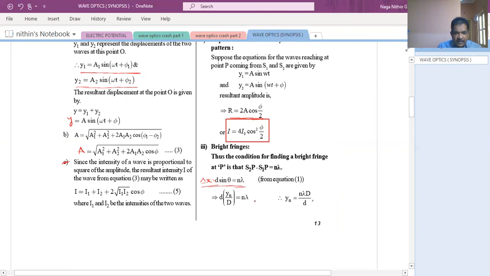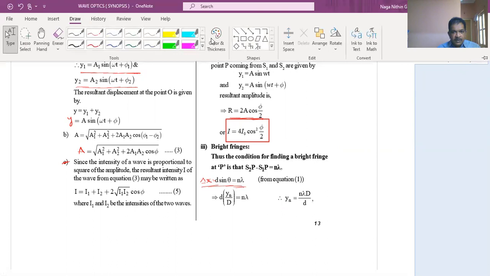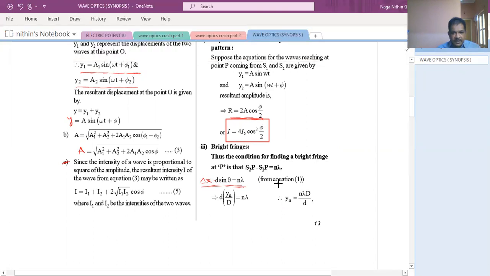The distance of the nth bright band from the central bright band, this is also an important formula, yn is equal to n lambda D by small d. Lambda is the wavelength of light, capital D is the distance between the screen and the slits, and small d is the distance between the slits.